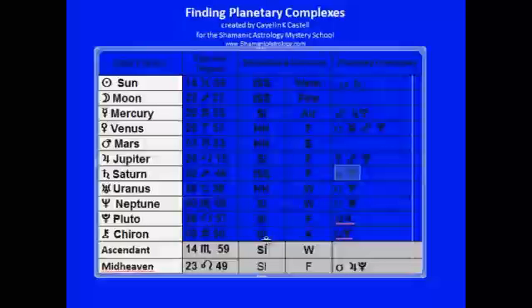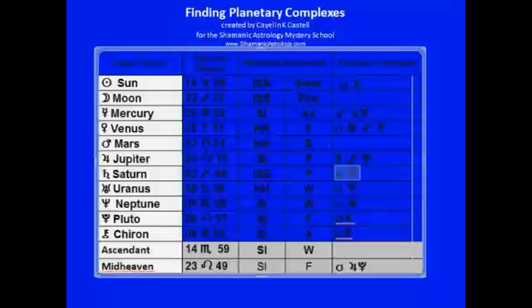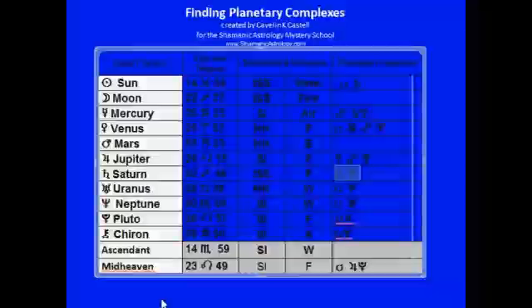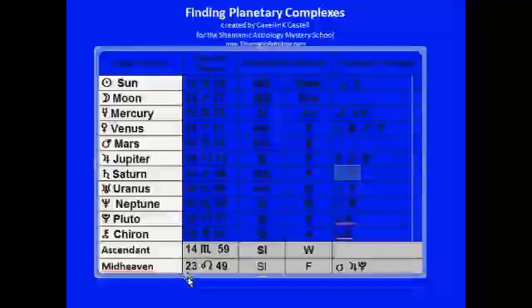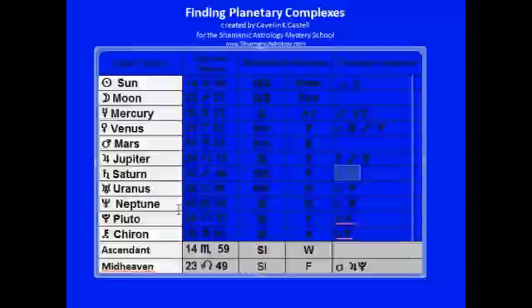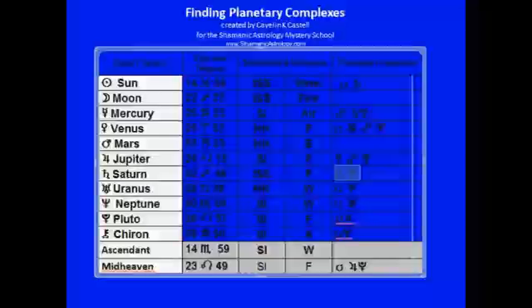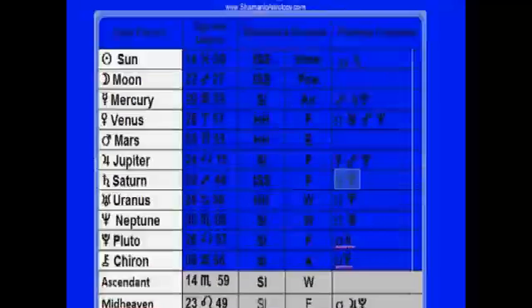I don't know why they're not here on this one, because I think when I did this before, I did have the IC and the descendant included, because it's important to also note what the aspects to the angles of the chart are, and also to put in the nodes as well. So I don't have planets, oh yes, I do have planets to the nodes. Never mind. So that'll be a piece I'll fix, and maybe I'll create a little addendum to that. But you can work on this to play with this part.